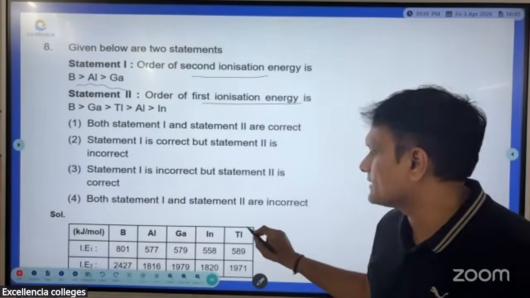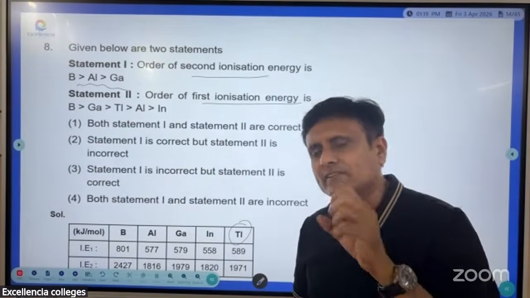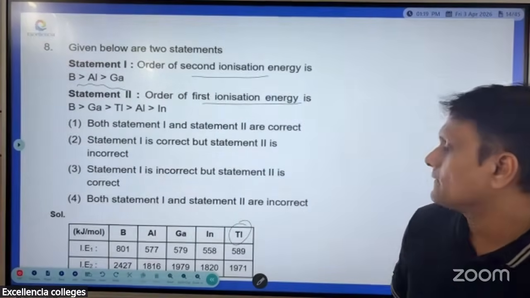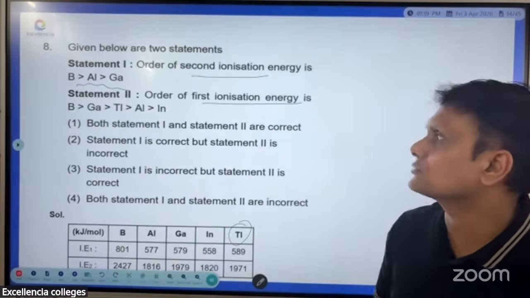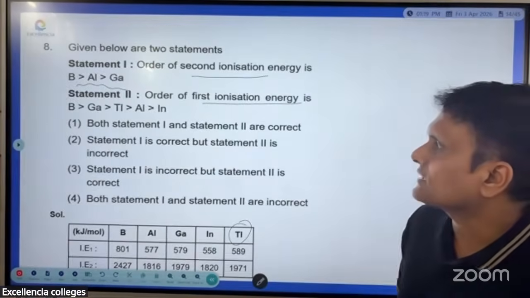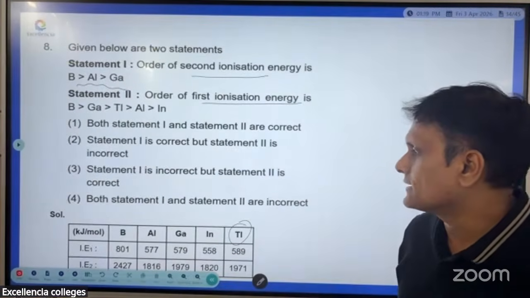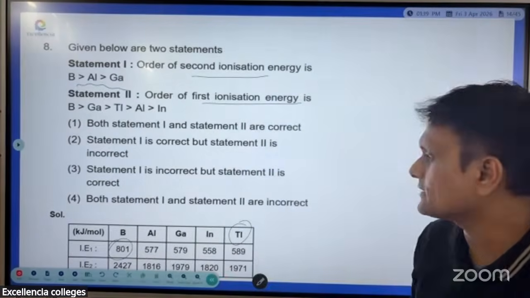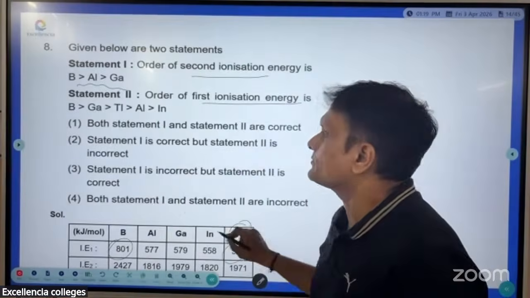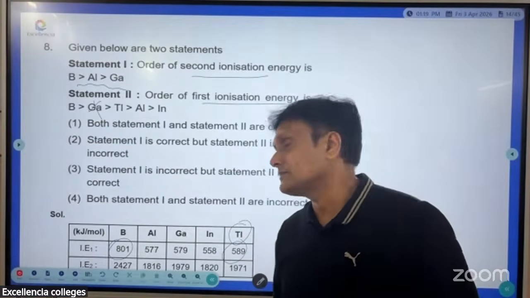Thallium, because of the poor shielding by the d and f electrons, has a slightly higher ionization energy value. So thallium greater than indium should be the right answer, right? However, what about gallium? In fact, it is right. So you can see that the boron value is greater. There comes thallium. So here lies not gallium but thallium.